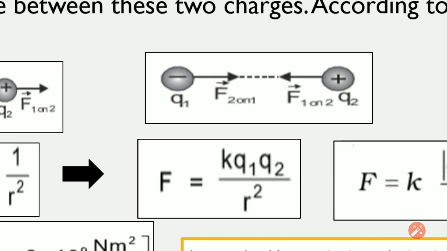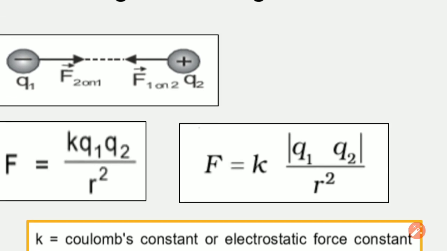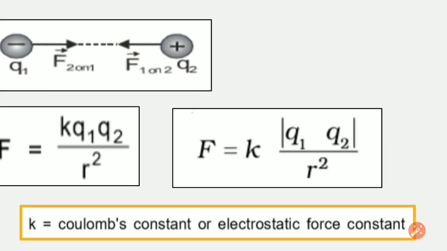Now this is another statement. The formula can be expressed in a different manner. We have used the modulus sign. What is the purpose of this modulus sign? We have to take charges as magnitude only. What is the meaning? We have to put the values of Q only and just leave the sign. Suppose we have two charges, one is 10 microcoulomb, another is minus 10 microcoulomb.